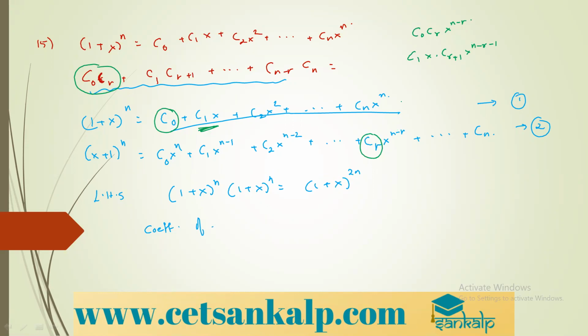So here we are getting a common thing. So we have to find the coefficient of x power n minus r on the left side and right side. The right side is very easy.